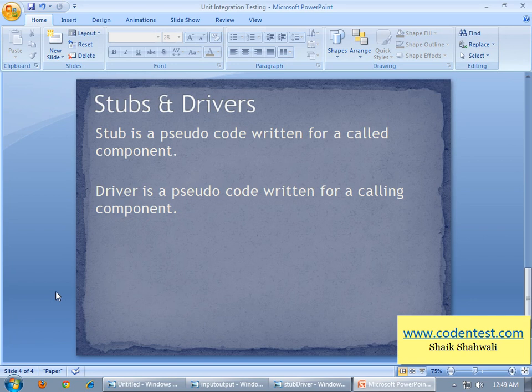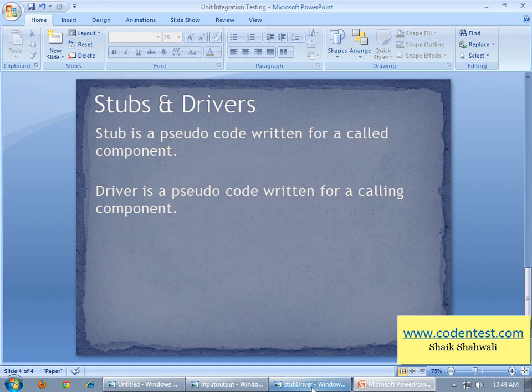And now we have stubs and drivers. As stated before, two or more units are combined to form a larger group and tested in integration testing. So what if units are not developed, but testing has to be done anyway?